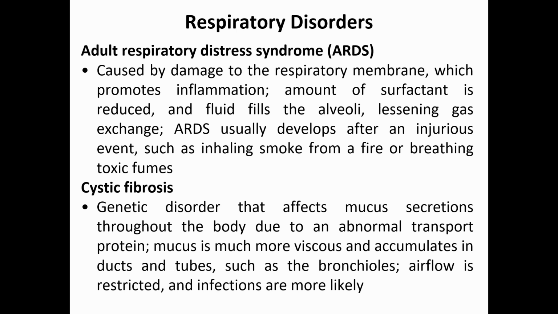Next, you have your cystic fibrosis. It is a genetic disorder that affects mucus secretions throughout the body due to abnormal transport protein. Mucus is much more viscous and accumulates in ducts and tubes, such as the bronchioles. Airflow is restricted and infections are more likely.